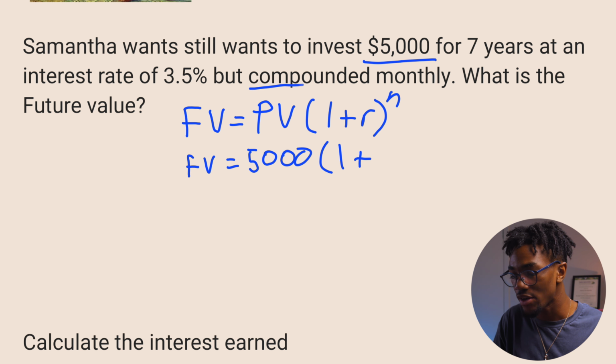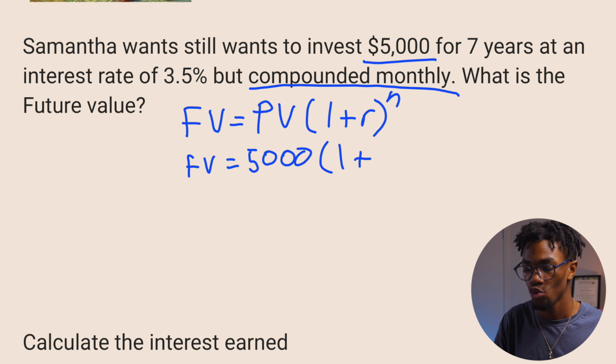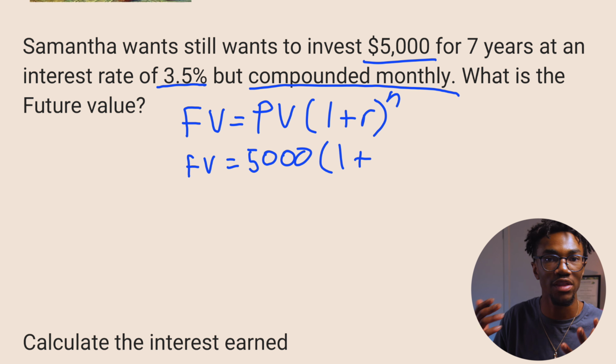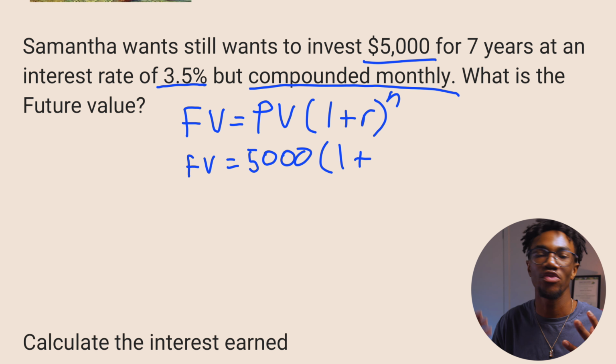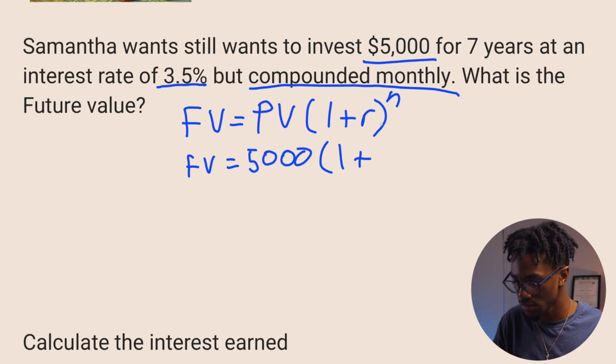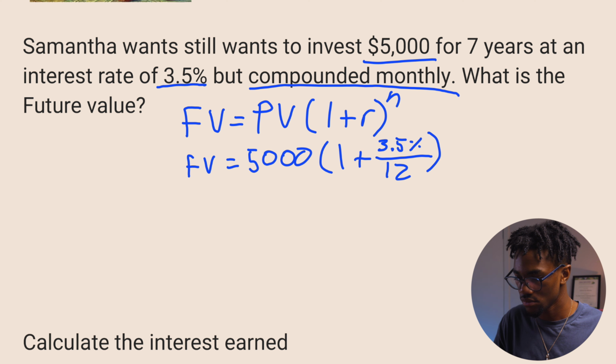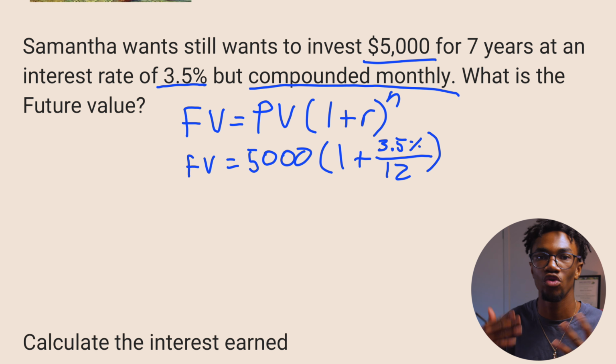Because it says compounded monthly, we're going to convert this yearly rate to a monthly rate. And how we do that is we just divide it by 12. The same is for the period, or N. All we're going to do is convert the years to months.